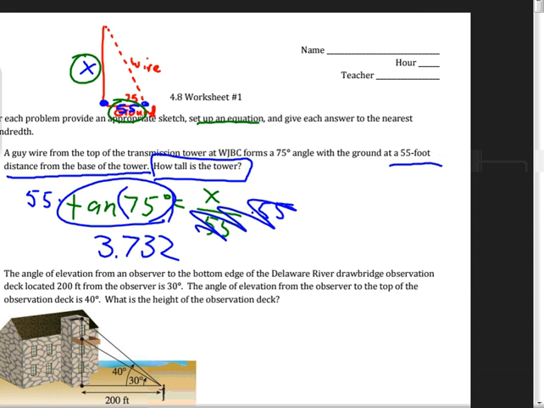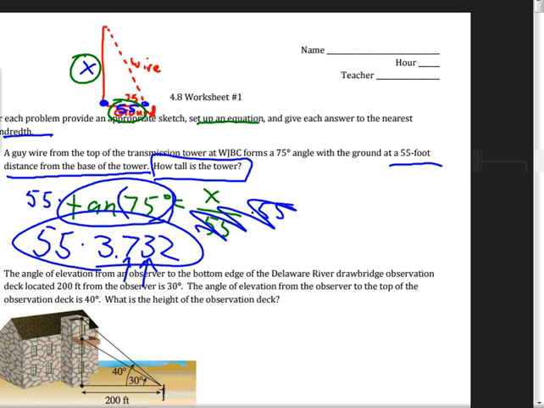Okay, so 3.732 was apparently the right answer. I multiply by 55, and then I will have to round it off, and it does say to the nearest hundredth. In case you've forgotten place values, that's the tenths, that's the hundredths. You don't round until the very end, but at the very end we want 2 decimal places. What did you get, Mr. M? 100 and something.